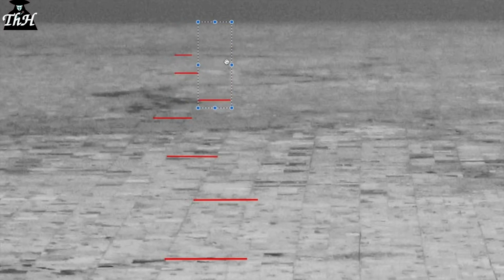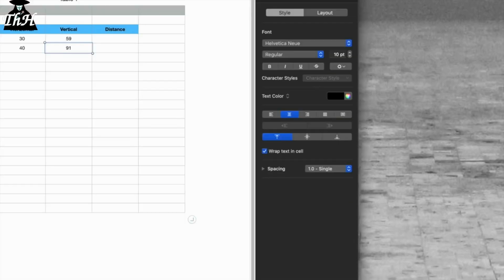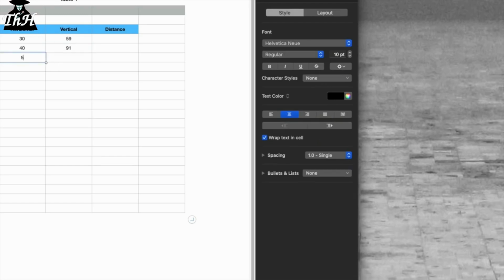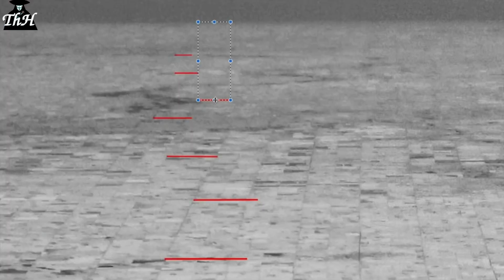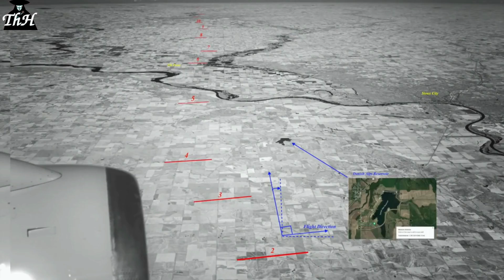Using this data, then I populated a spreadsheet with all these values, and ideally all these lines should be aligned along a certain direction, but they're not. I'll show you a graphic shortly, but here I'm just putting in the vertical and horizontal pixels, and then we'll derive a distance later from the analysis I described. So very simple procedure.